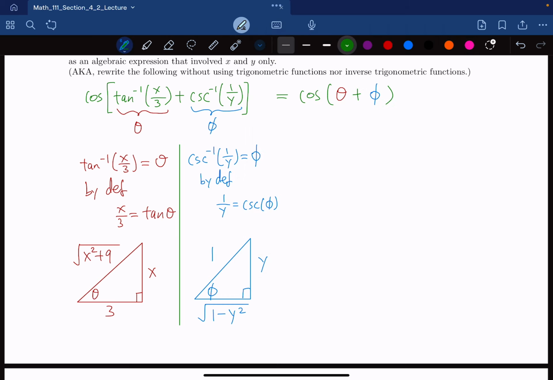Which means by my addition formula for cosine, this becomes cosine of theta, cosine of phi, minus, because I have to be a different sign than the one on the inside, minus sine of theta times sine of phi.